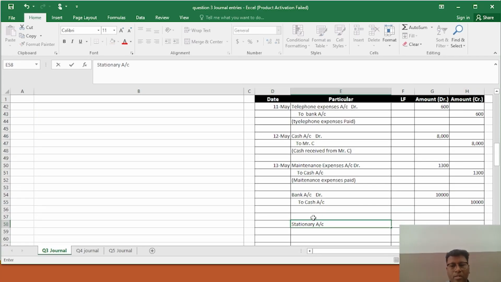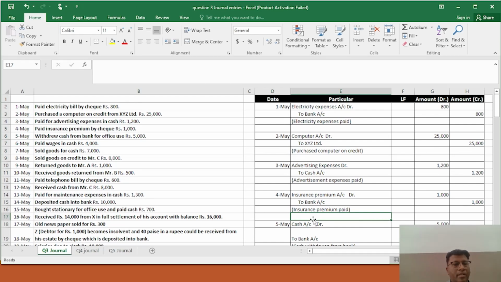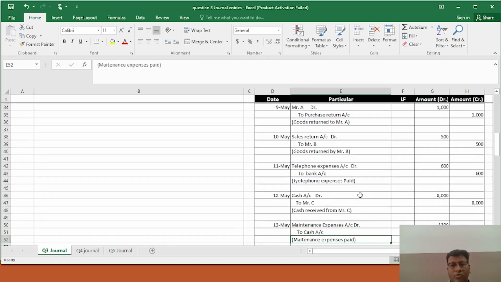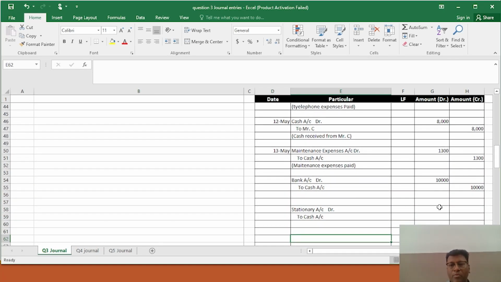Stationery account debit to cash account, right? And what is the amount? It is 700, right? So we have to mention the amount corresponding to the particular account, 700.